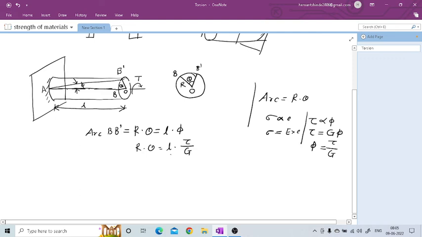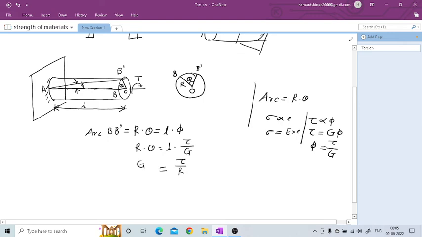Now I will rearrange the terms. So to rearrange the terms, I will shift some of the terms on the left side and on the right side. So transfer this R on the right side. So this will become tau by R, and transfer G and L on that side.